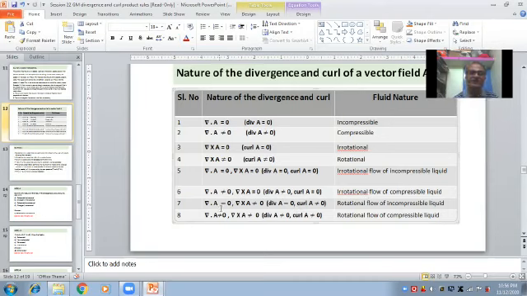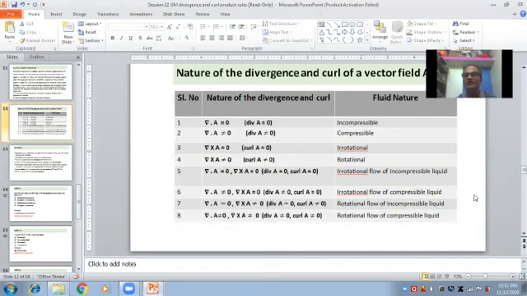Then the divergence is 0 but curl is not 0, so therefore this becomes the case of rotational flow of incompressible fluid. And divergence is not equal to 0, curl is not equal to 0, both are not equal to 0, then it is a case of rotational flow of compressible fluid. So these are the different cases they come across when you study fluids.